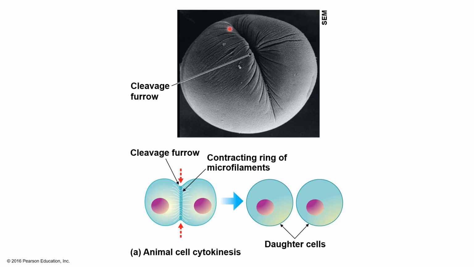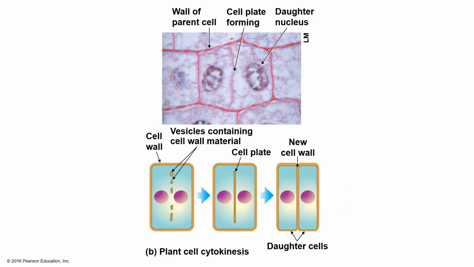And as I said, this is when the cell is splitting in half, and we call this the cleavage furrow right there. And that's where, again, the cytoplasm is dividing, and you are going to end up with two daughter cells.